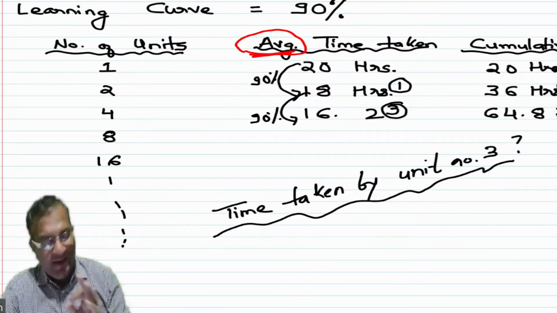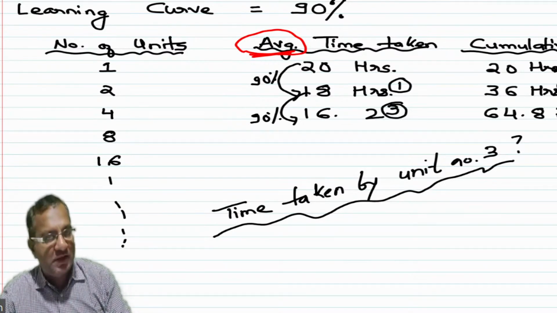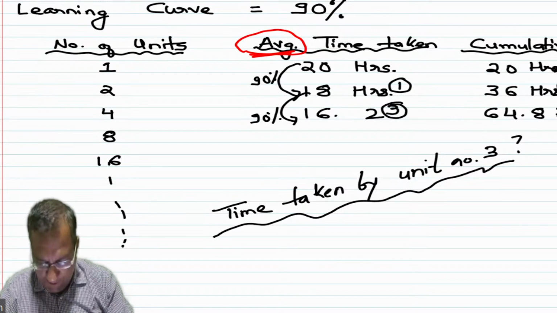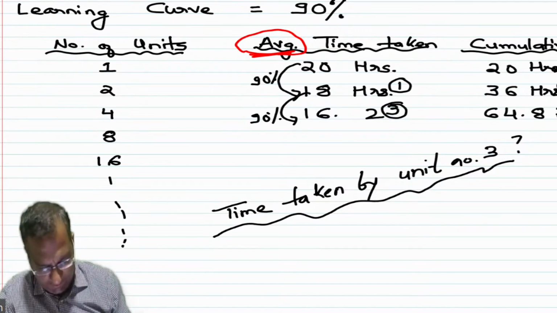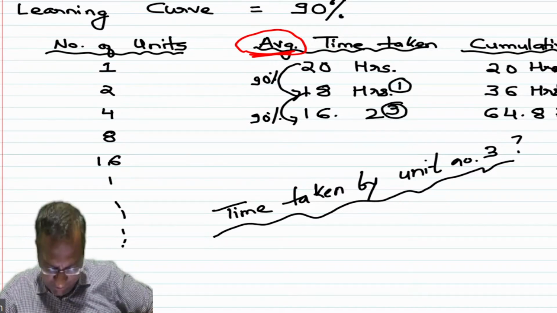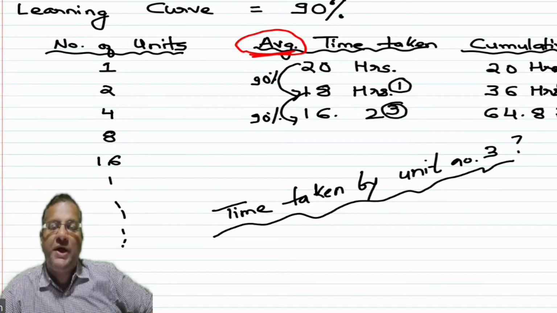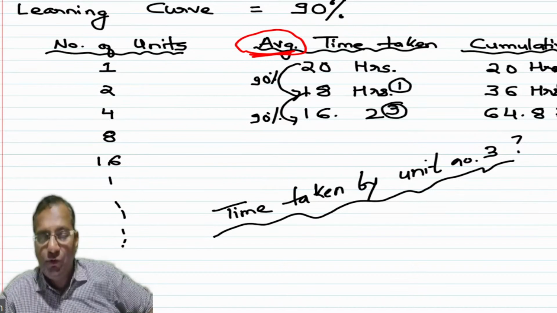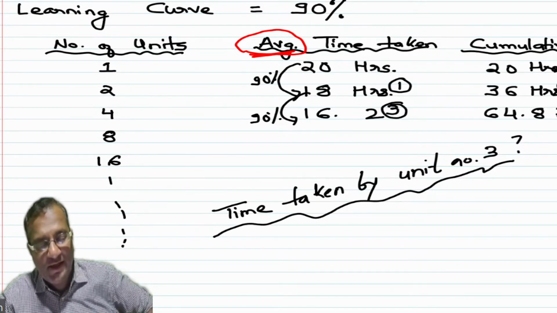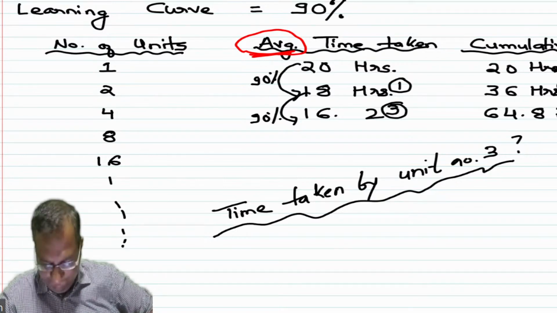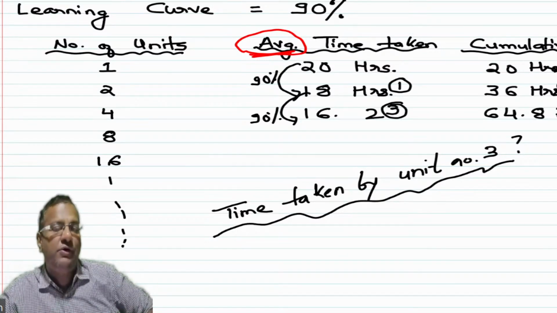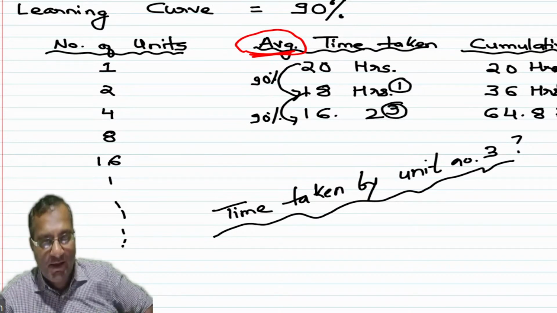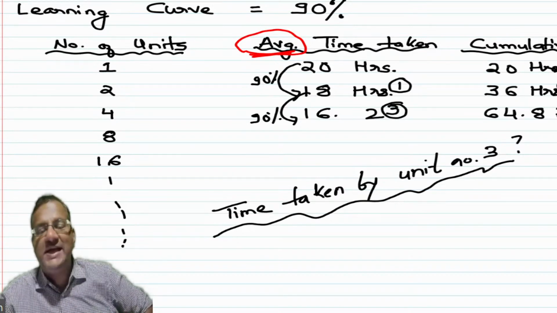What is the time taken by unit number 3? No, Bhaumik, 28.8 hours is the time taken together to manufacture unit number 3 and 4. It's not the time taken alone by unit number 3. 28.8 hours is the total time taken by unit number 3 and 4.